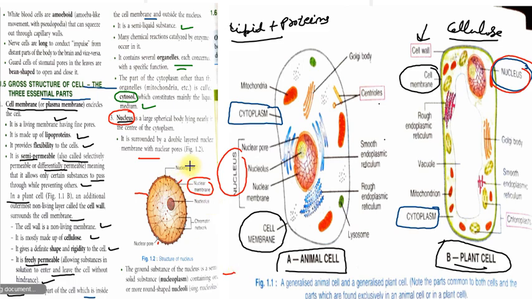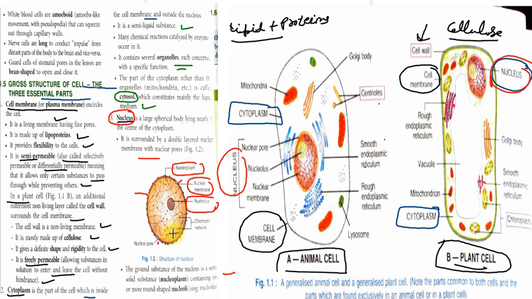This is the nucleoplasm, this is the nucleolus. The nucleoplasm contains a network of dark colored fibers called chromatin fibers.